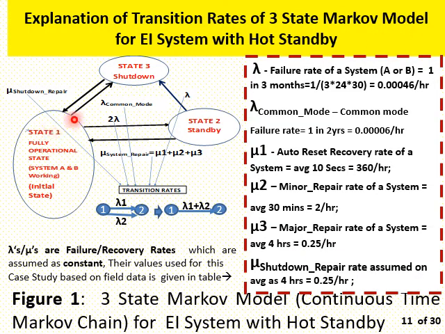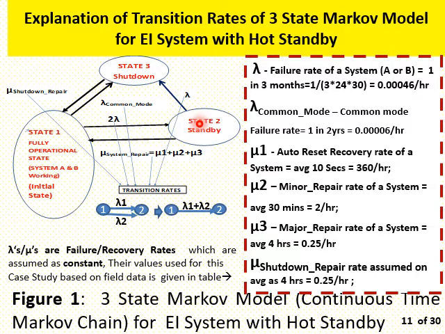The transition rates are 2 lambda here, and so on. There are outgoing transitions of each state. All outgoing transitions of a state are described by the transition rate with a label on the transition. Like from state 1, you have 2 outgoing transitions: state 1 to 2, it is 2 lambda, and another outgoing transition from state 1 to 3, it is lambda common mode.